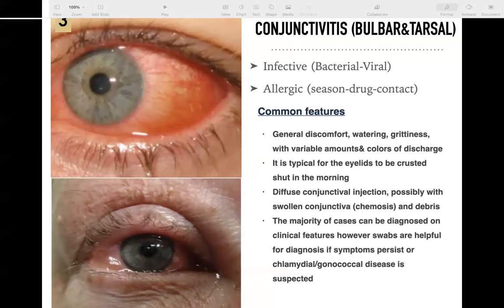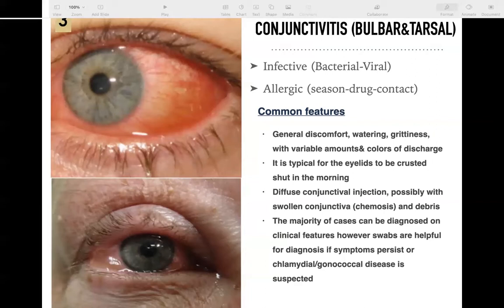It's typical for the eyelids to be crusted with the dried discharge and maybe shut together in the morning by the sticky discharge, with diffuse conjunctival injection, possibly with chemotic conjunctiva. Swollen conjunctiva is called chemosis, especially in moderate and severe cases of conjunctivitis, and debris, which is remnants of discharge elsewhere inside and outside of the eye.